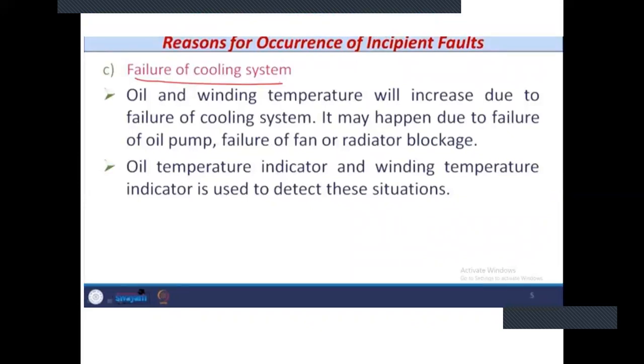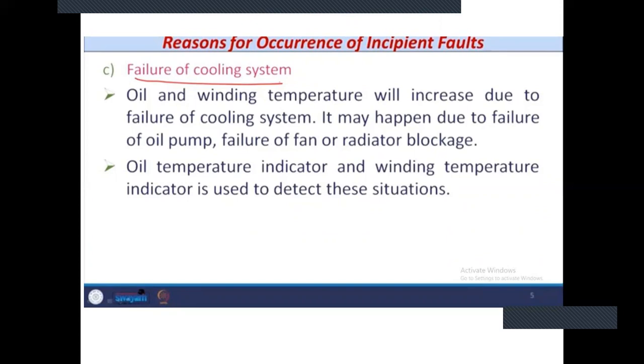Now the third reason for the occurrence of the incipient fault in the transformer is the failure of the cooling system. We are talking about power transformers. These are not small transformers, but heavy EHV and HV transformers. The oil is normally used for cooling, so that the oil and winding temperature is reduced.